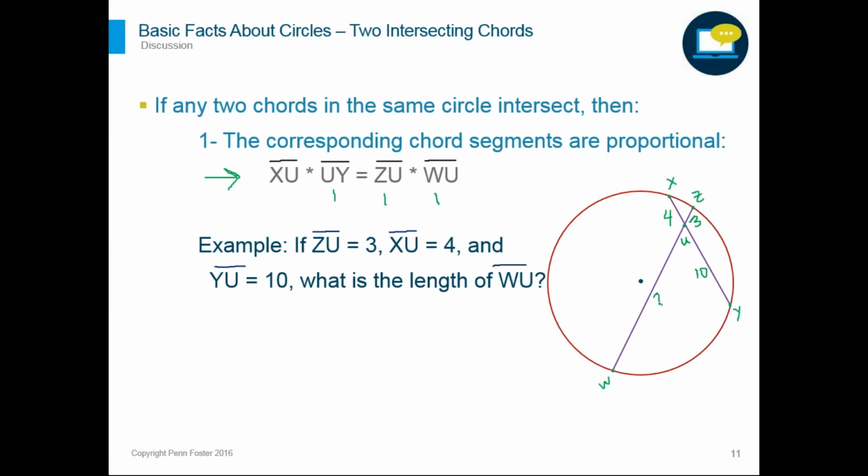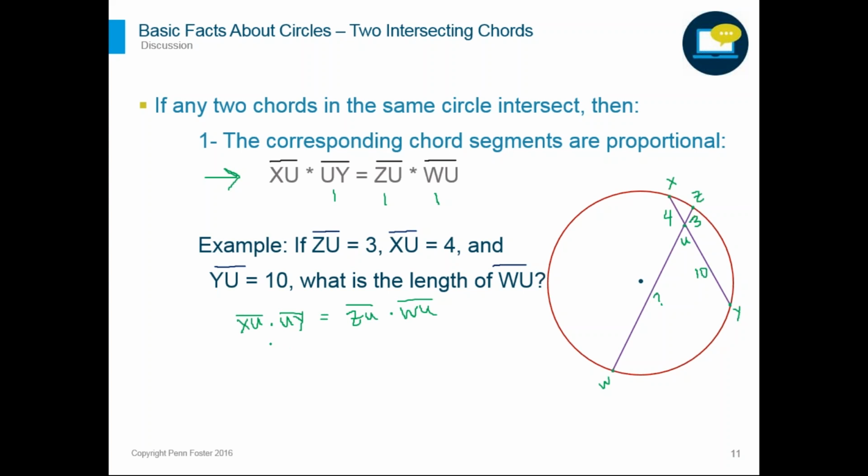Once you know which one to use, you'll be able to plug in the knowns and find the unknown. Let's do that. So the fact I'm going to use is the proportion on the top. So XU times UY equals ZU times WU.